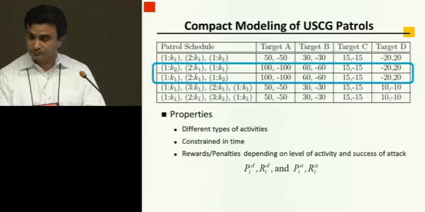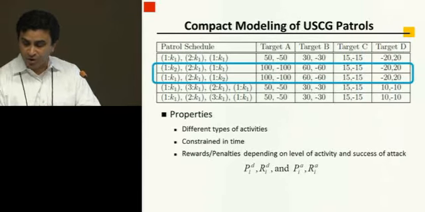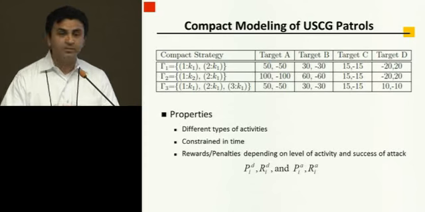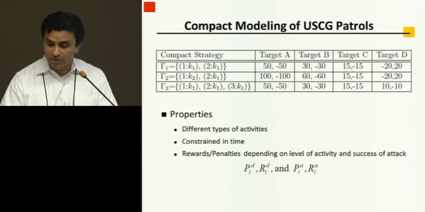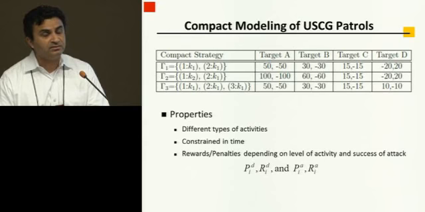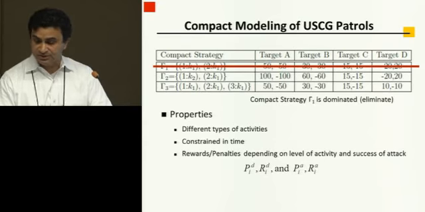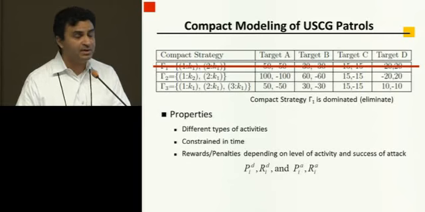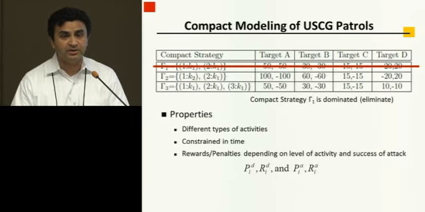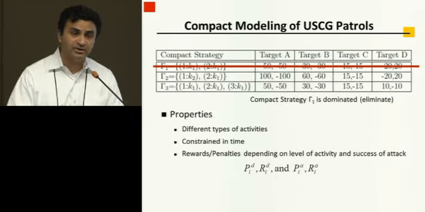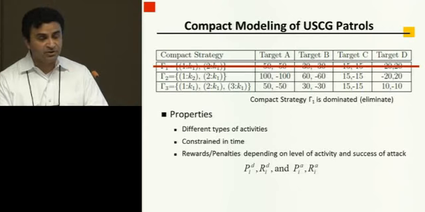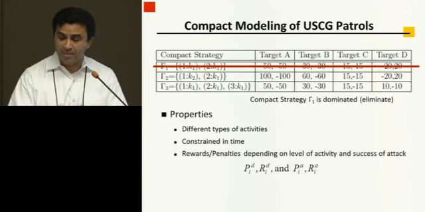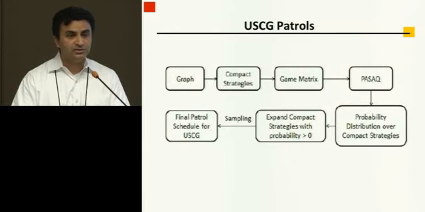So we can construct a more compact game where we have eliminated these duplicates, which are permutations. And on top of it, we can look at patrols that are dominated. So in this case, this patrol is dominated by another patrol, which can be fit into the same time limit, but accomplishes more security than the one that's been crossed out. So we eliminate dominated patrols, and now we're left with the compact game. So here's what we do.